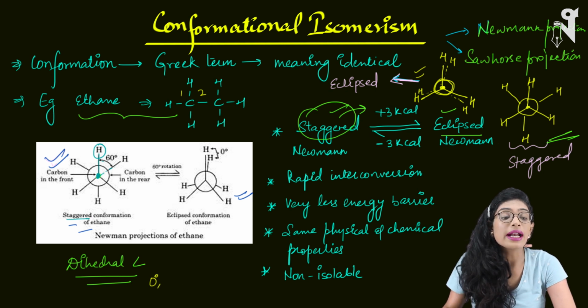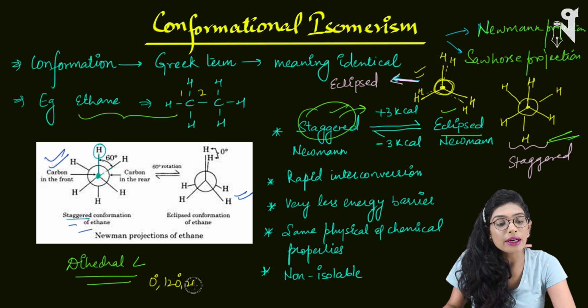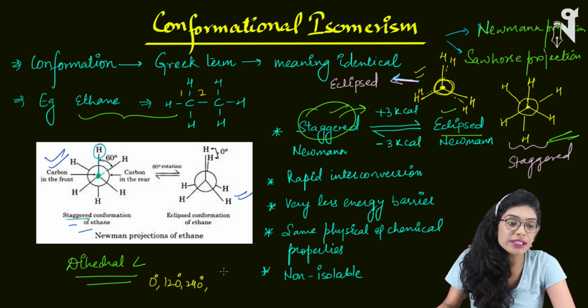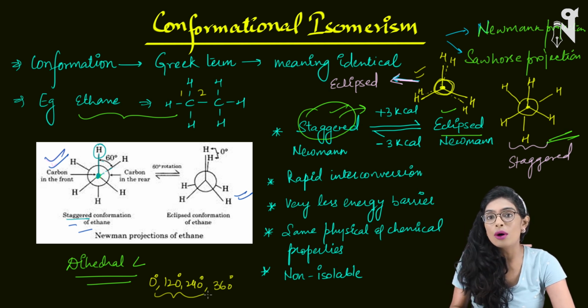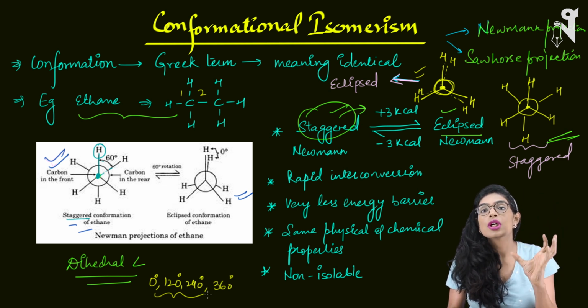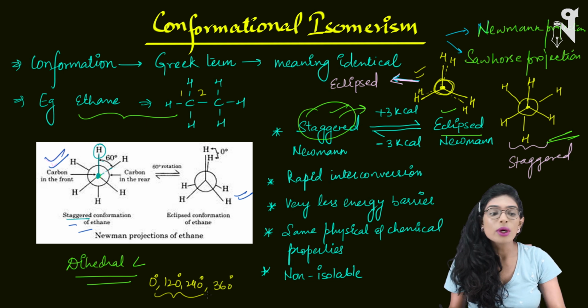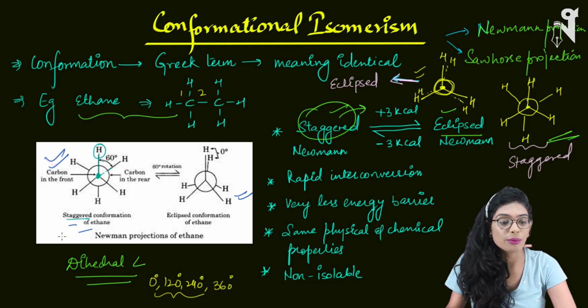So you can also say at 0 degree angle, or 120 degree angle, or 240 degree angle, or 360 degree angle, at all these angles, the form which your Newman projection will show will be eclipsed conformation.